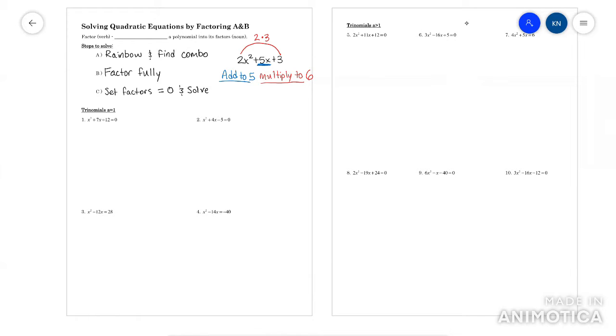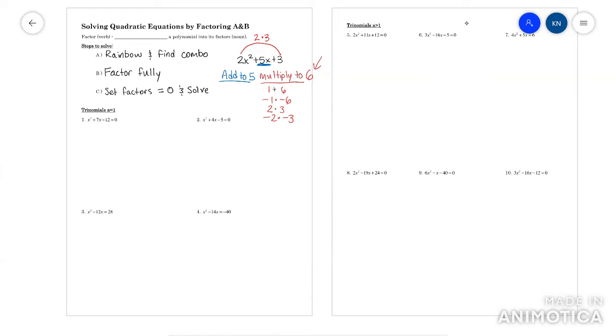Again, when people first start doing this, I would have them list all the possible combos of numbers that multiply to be 6, like 1 times 6, negative 1 times negative 6, 2 times 3, negative 2 times negative 3. You're looking for the combination of numbers that adds up to 5.